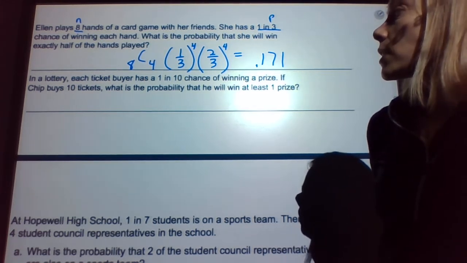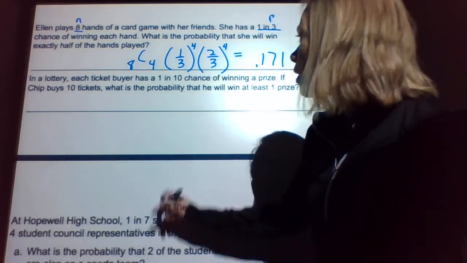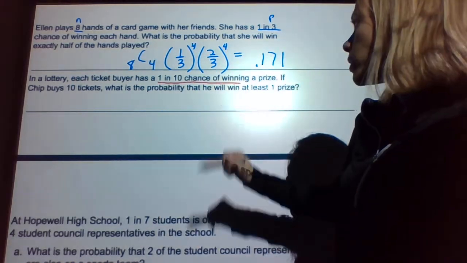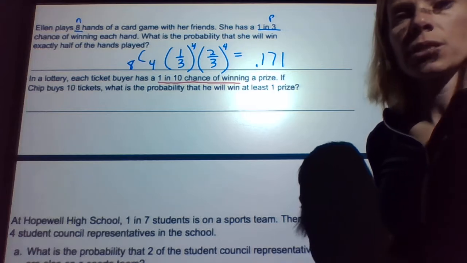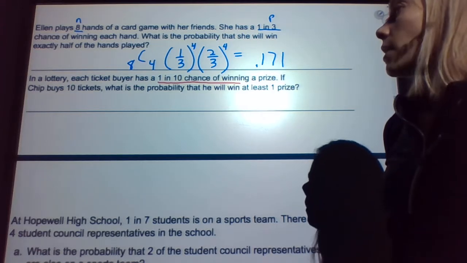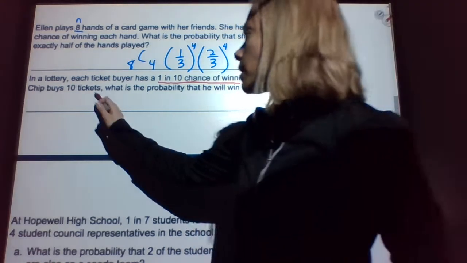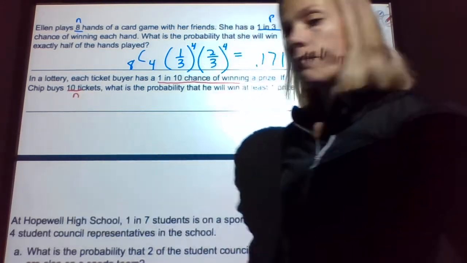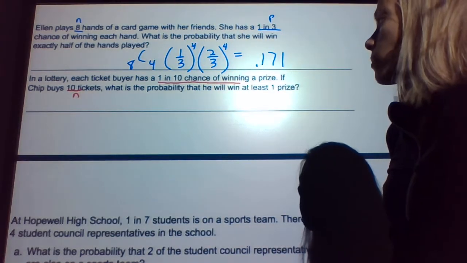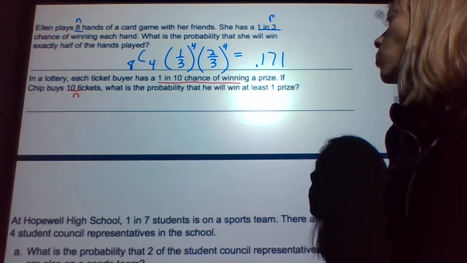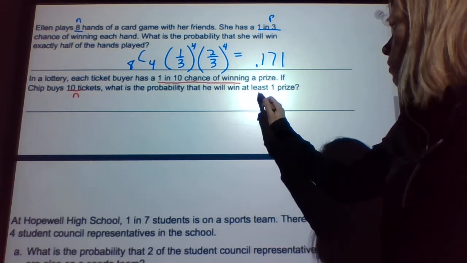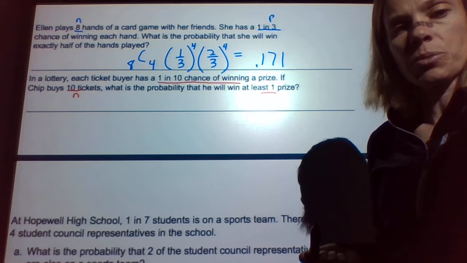In a lottery, each ticket buyer has a 1 in 10 chance of winning. There's my P, your probability of success, 1 out of 10. If Chip buys 10 tickets, there's my N, my total number of tickets, what is the probability that he will win at least 1? Okay, so this is a good one because here's the at least problem.